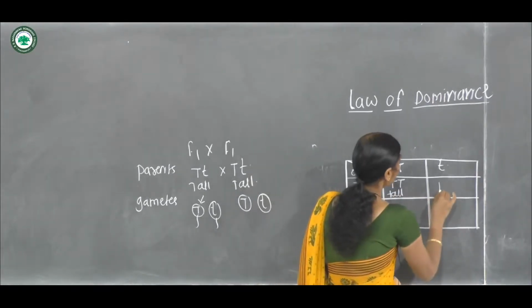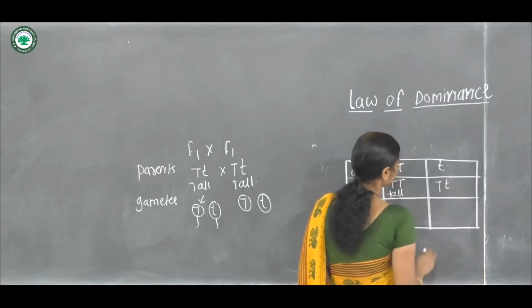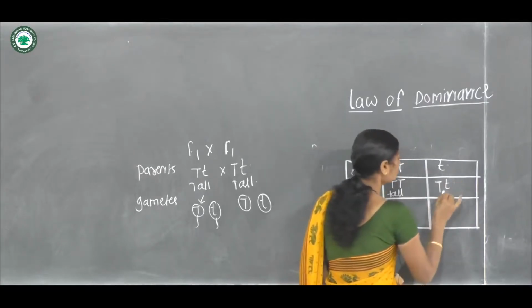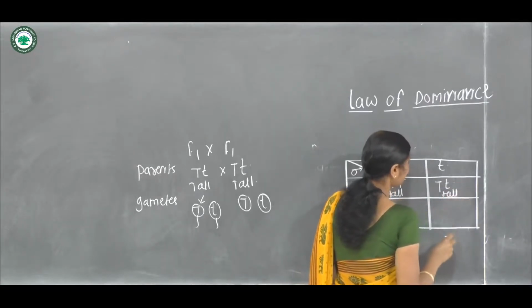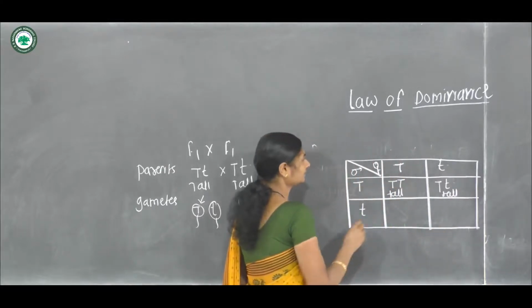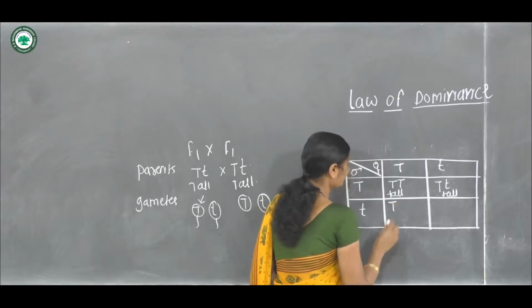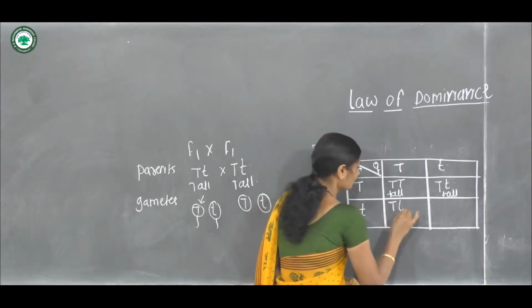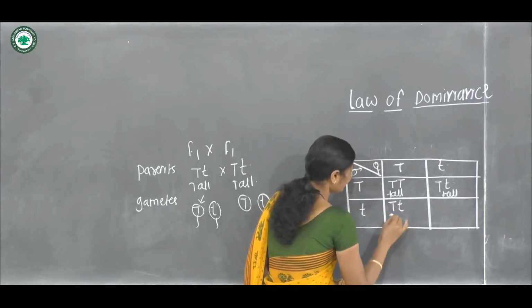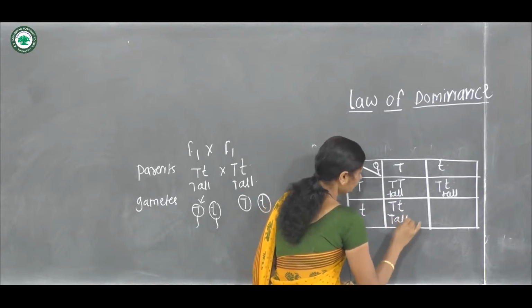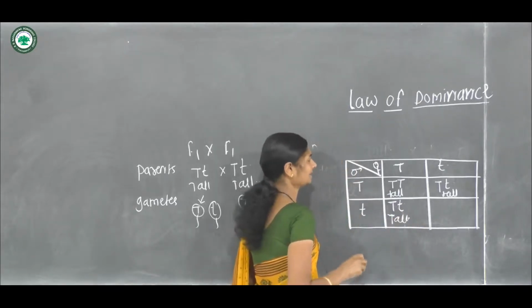Here capital T small t: these plants are also tall but in the heterozygous condition. When these two gametes fuse, the genotype develops as capital T small t. These are also tall but in the heterozygous condition.